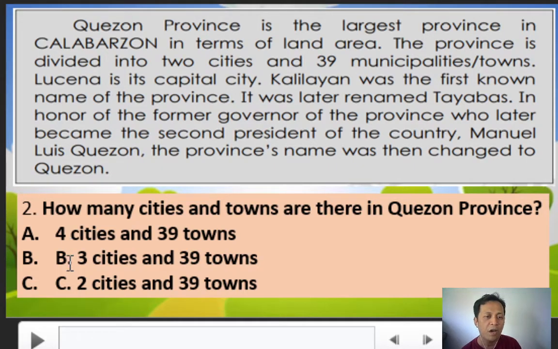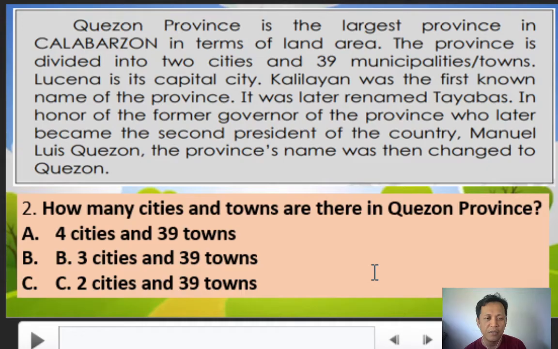Question number 2. How many cities and towns are there in Quezon Province? Letter A, 4 cities and 39 towns. Letter B, 3 cities and 39 towns. Letter C, 2 cities and 39 towns.